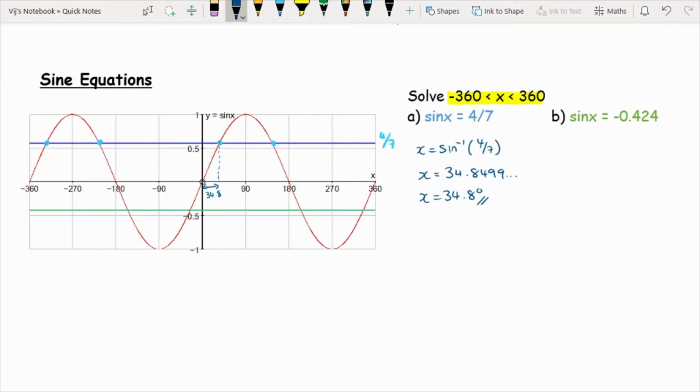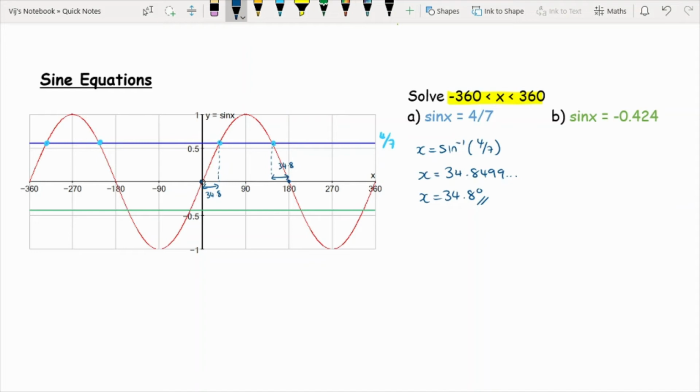And so now I'm going to use that angle to find my other angle. So starting with this next positive angle that I've got to find. Now, from the origin, the graph of y equals sin x starts at 0. So I need to look at the next closest point of where it is at 0 again, which is at 180. And so basically what this is telling me is that this distance from my second point is going to be 34.8 away from 180.